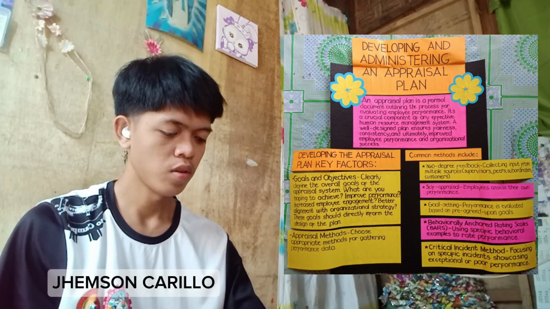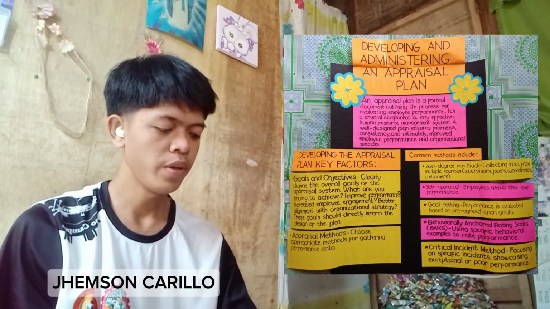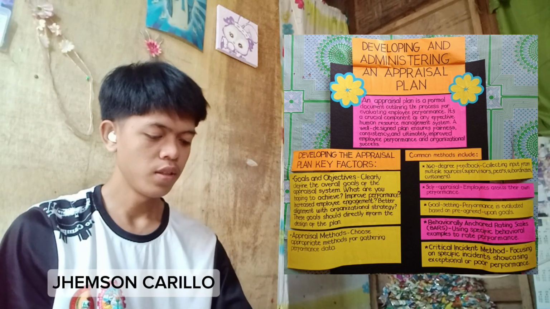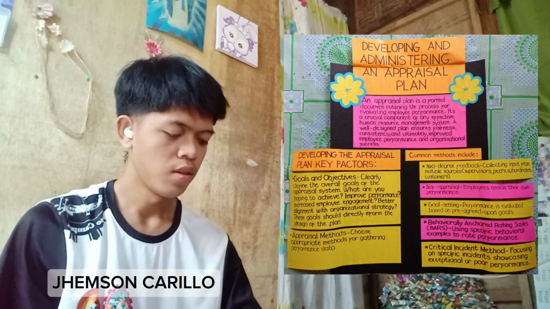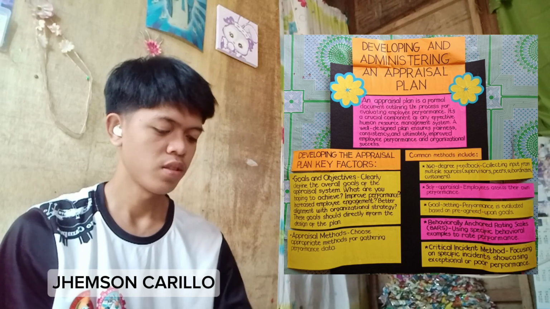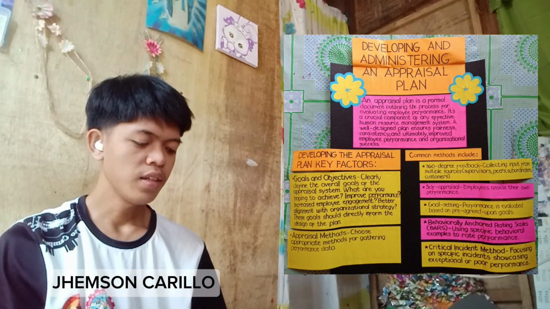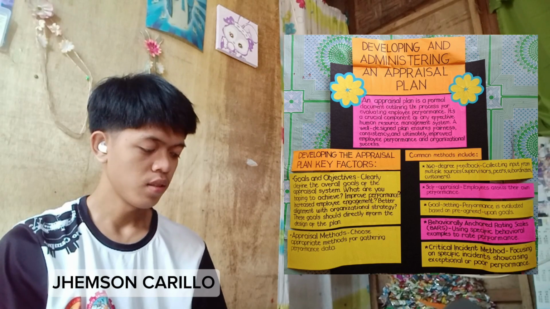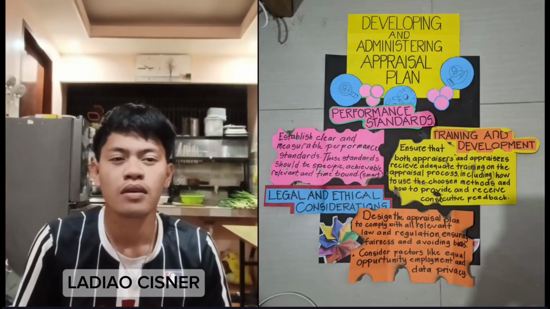Third is goal setting. Performance is evaluated based on pre-agreed upon goals. Fourth is behaviorally anchored rating scales, using specific behavioral examples to rate performance. And last is the critical incident method, focusing on specific incidents showcasing exceptional or poor performance.